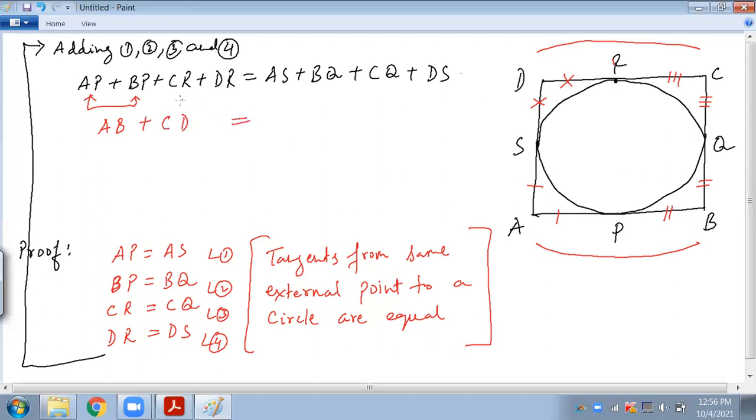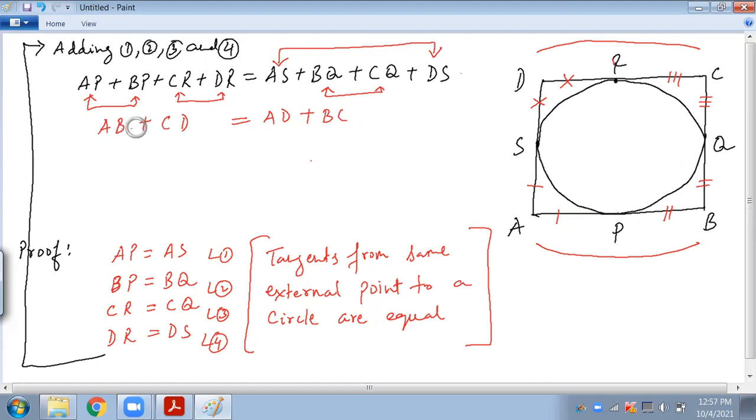And on the right, AS plus DS is AD, and BQ plus CQ is BC. So we're getting this.